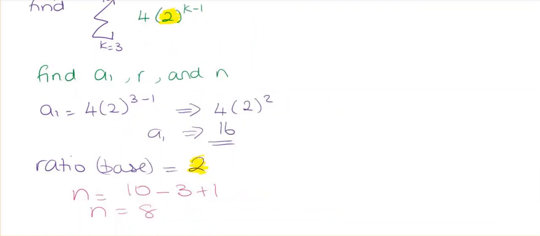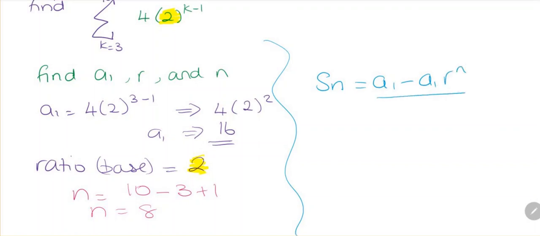So we're going to put this into our formula. So Sn is equal to A1 minus A1 R to the n divided by 1 minus R.